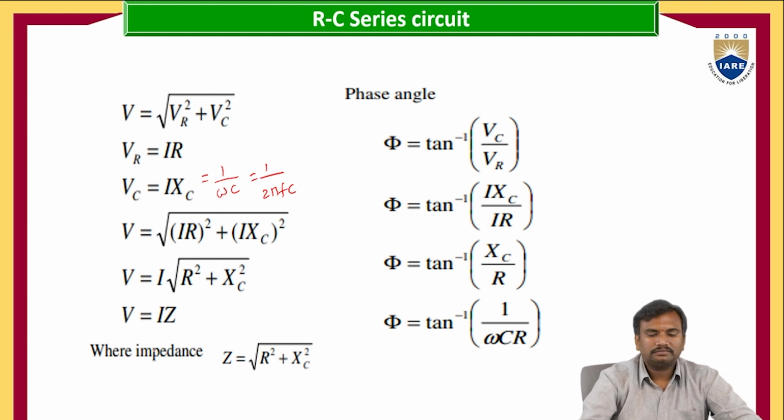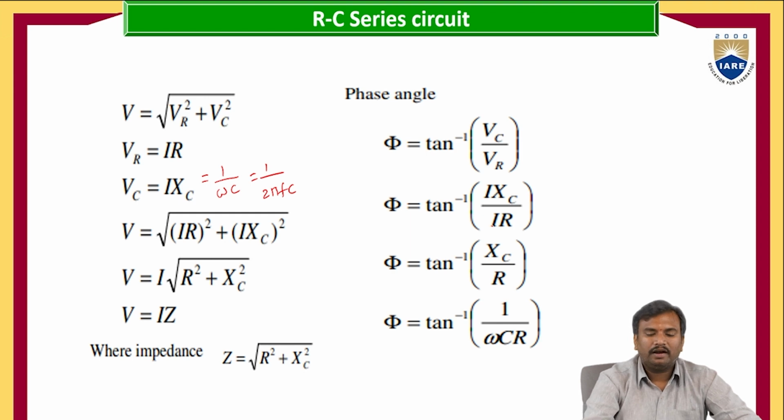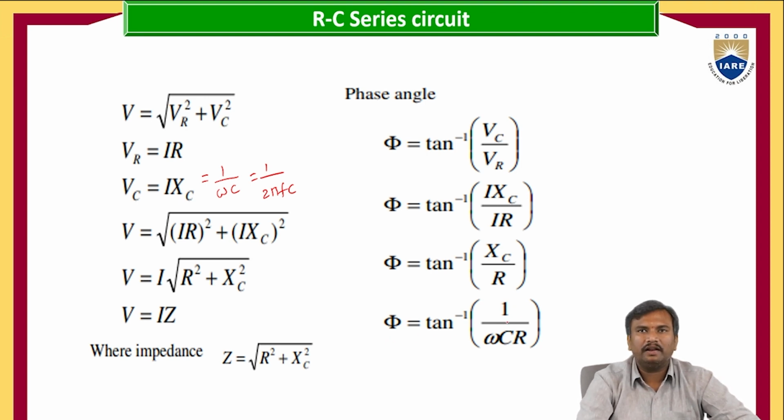And here we need to calculate the phase angle. The phase angle phi equals tan inverse of VC by VR. Here phi equals tan inverse of I into XC by I into R, where VC is the voltage across the capacitance. I gets cancelled and we get XC by R. From this we get phi equals tan inverse of 1 by omega CR.